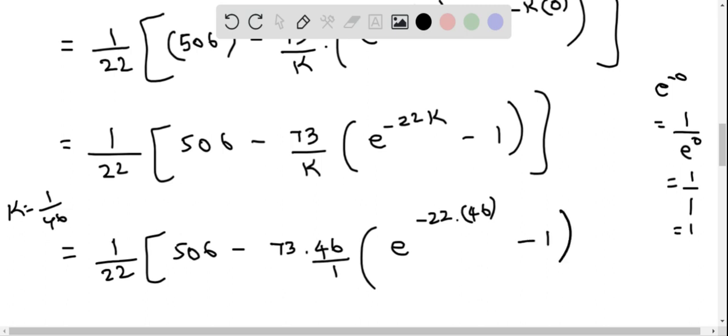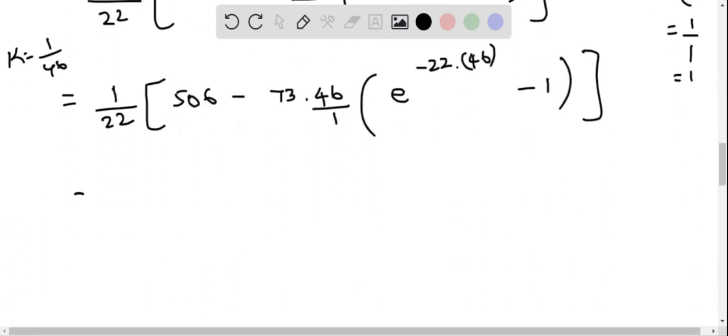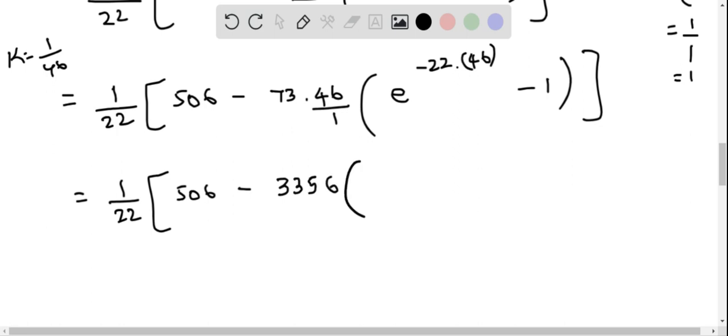And minus 1 we have. At this stage, we just have to utilize the calculator. So we have 506 minus, let's calculate 73 times 46, getting 3358, multiplied by e raised to the power of negative 22 times 46.